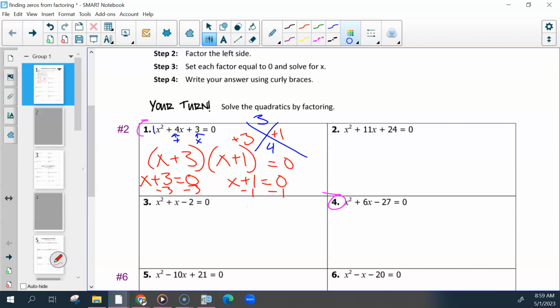What's nice about when you have a factor that's just x plus something or x minus something is that the answer is usually the opposite. So this is going to give us -3 and -1. And when we write our solutions, they're going to be in curly brackets, least to greatest. That would be our answer.